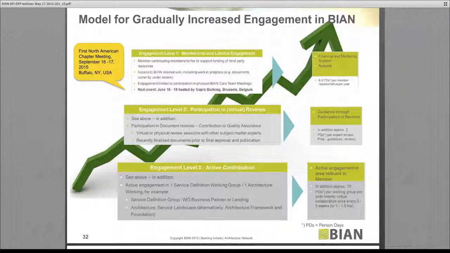The second level of participation is for those who are a member and volunteer to review material produced by others. That's very valuable for us. And of course the last, and the best from my perspective, is participating in the working groups I just mentioned, and that will cost you, besides the membership fee, an additional investment of 10 days on an annual basis.